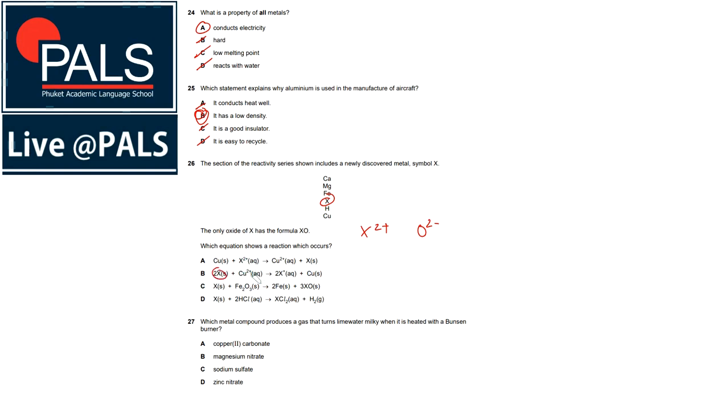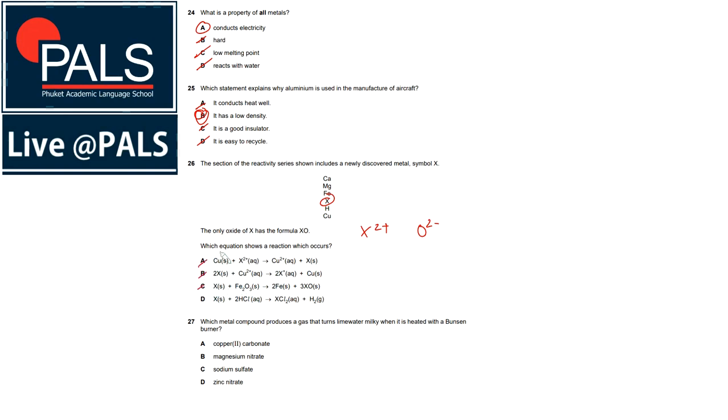This is wrong because it's not balanced. We know that it must form a 2+ ion, so it must be a 1-to-1 ratio, not a 2-to-1 ratio. Therefore B is wrong. C, it is less reactive than iron, so it will not react with iron oxide.